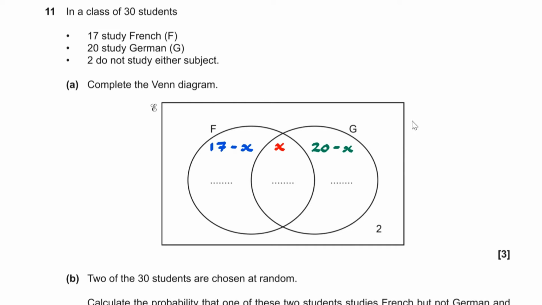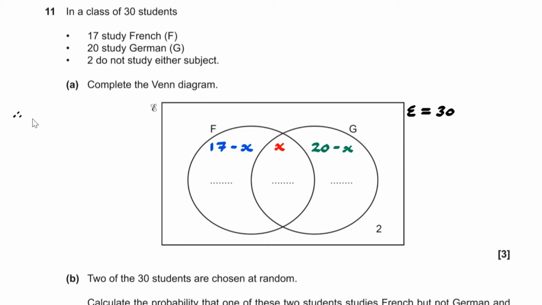We know that the entire set is equal to 30. We've got 30 pupils altogether.